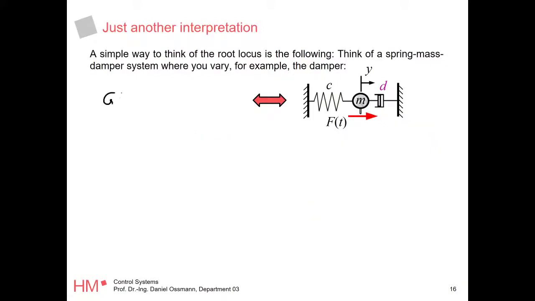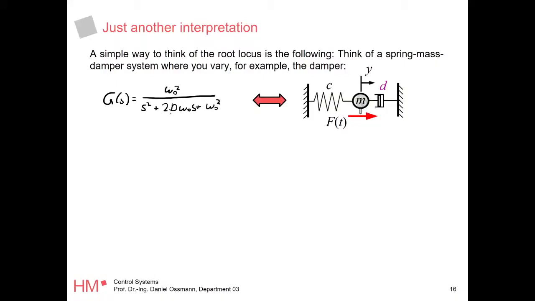And we know we can come up with a transfer function of the second order system, where this system is described by a damping coefficient and an eigenfrequency, right? Okay, I think that should be clear.